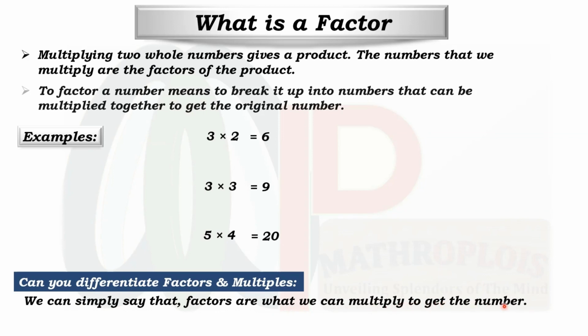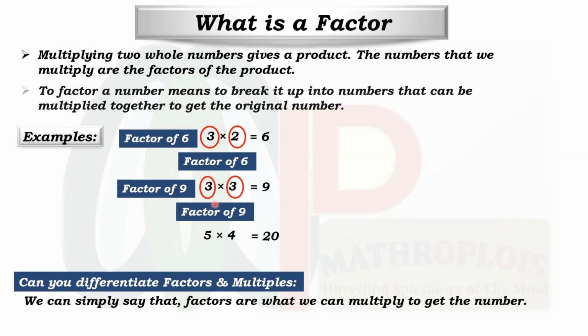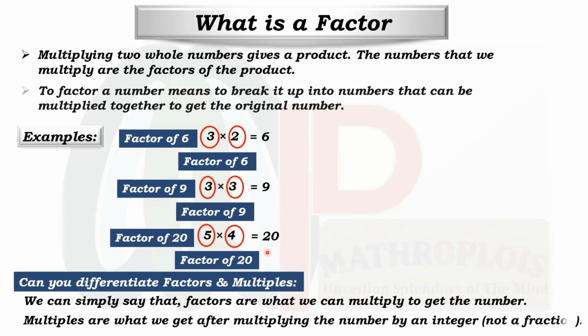As in above examples, 3 and 2 have been multiplied to get the number 6, so these are factors of 6. 3's have been multiplied to get the number 9, so these are factors of 9. 5 and 4 have been multiplied to get the number 20, so these are factors of 20.